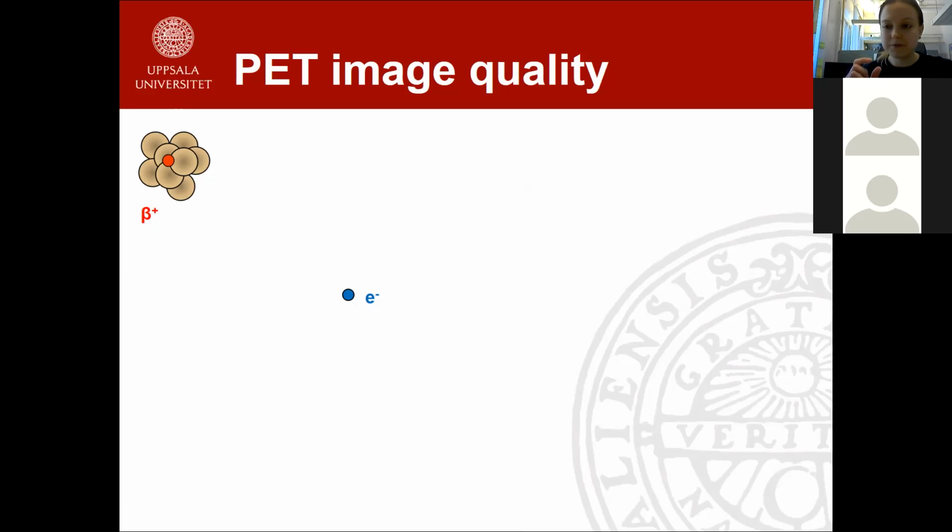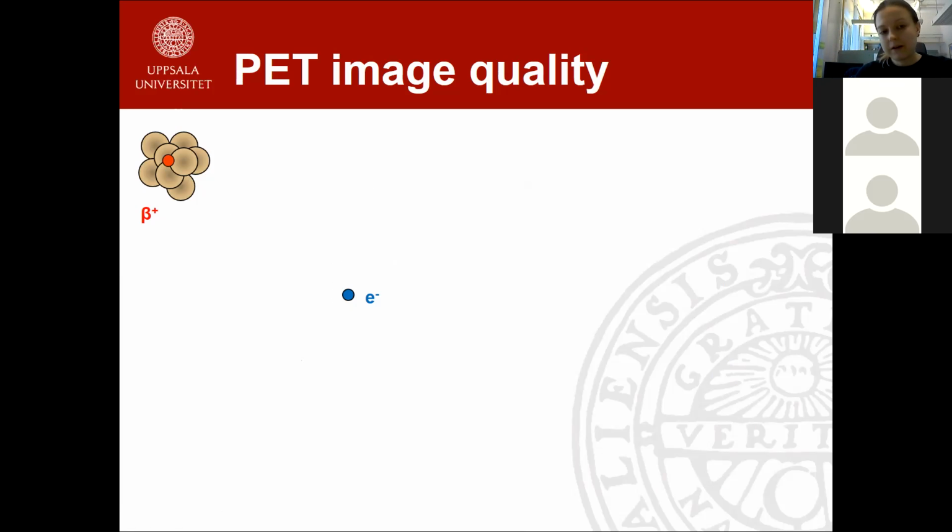And when the energy is different, that means that our positron will travel in the tissue for a certain distance. So our positron travels in the tissue for a certain distance, meets an electron, and then it emits gamma quanta of 511 kiloelectron volts that can be detected by the PET detector.